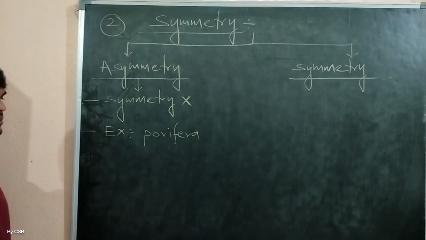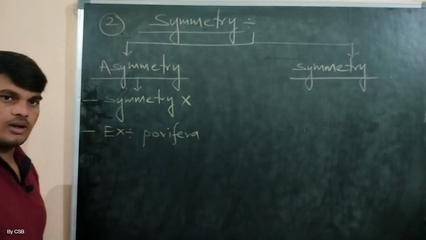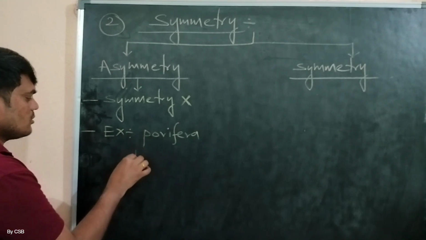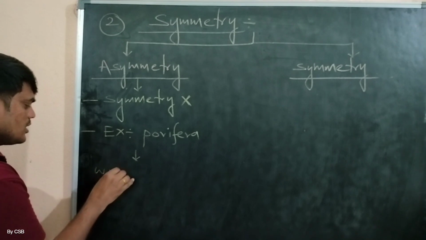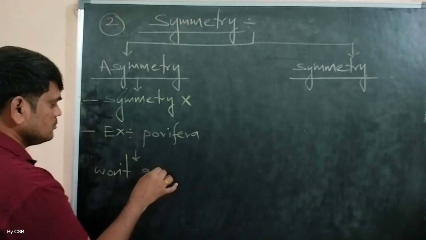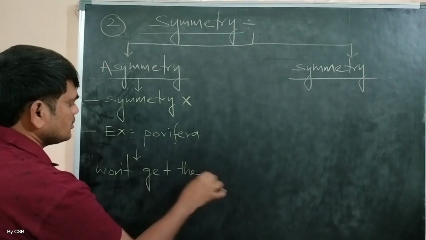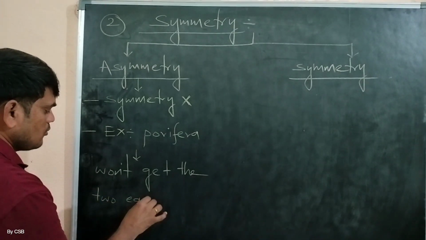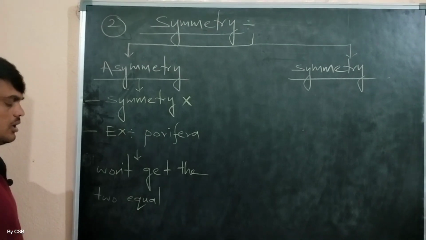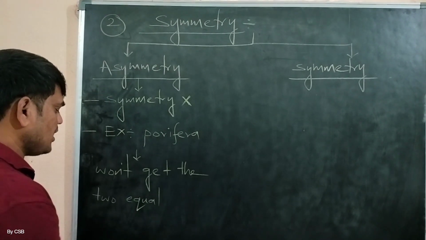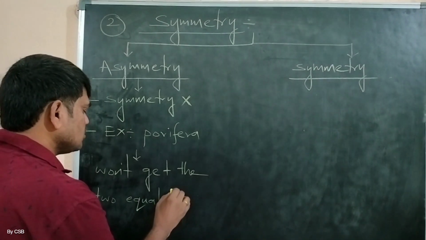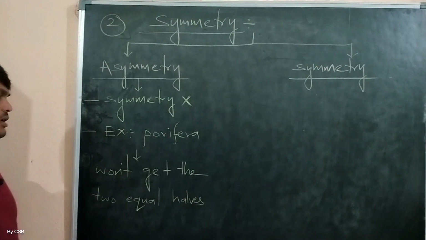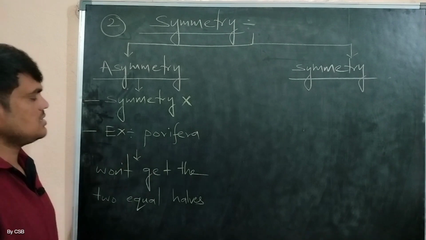If you cut the body of Porifera in any plane, through any axis, you won't get two equal halves.